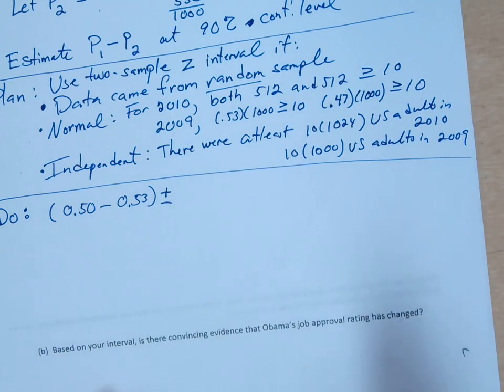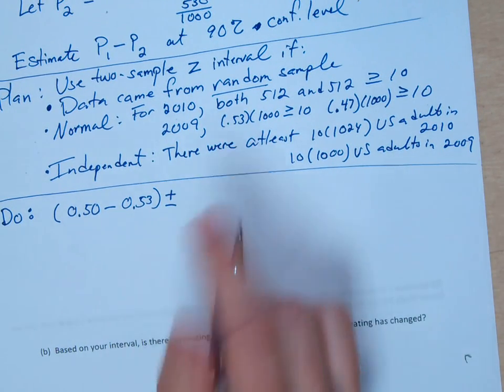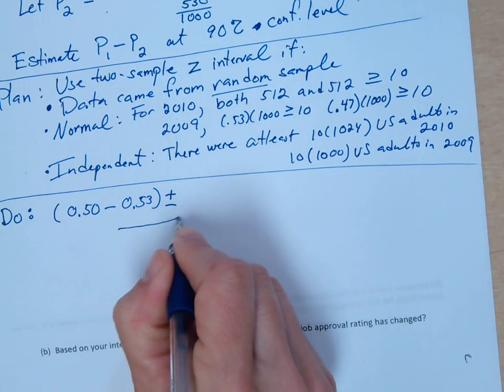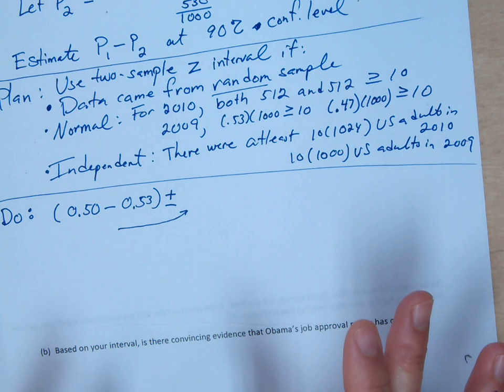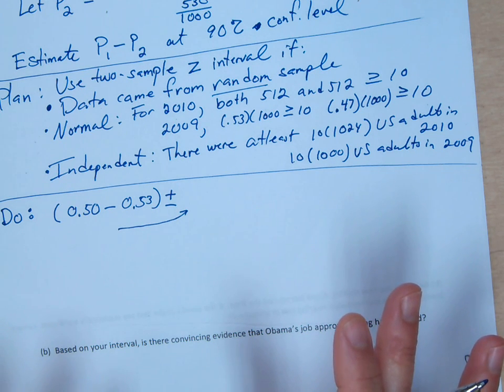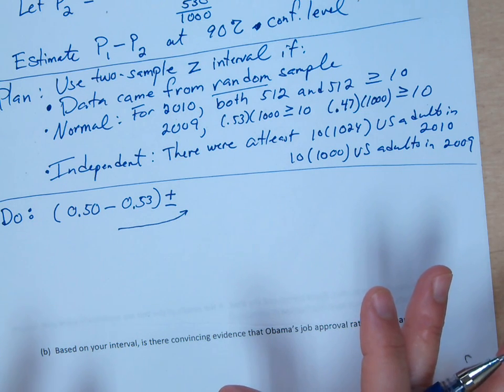Now we want to go in each direction, and we want to do z star. So to find that, it's a 90% confidence interval, right? So what area is left in the tails? 10%, right? And so take half of that, 5%.